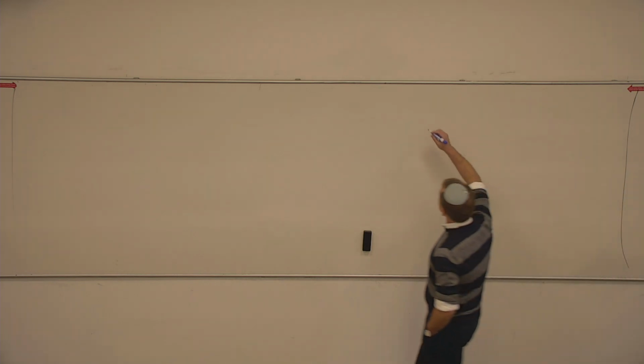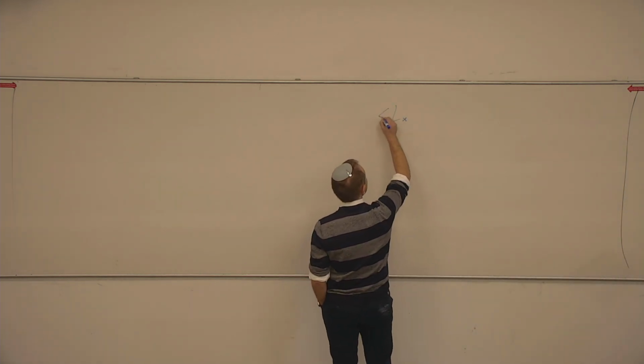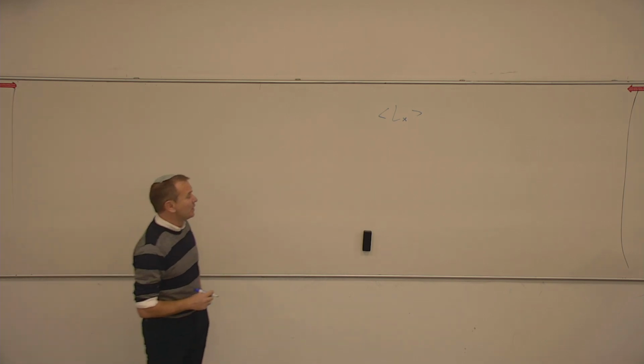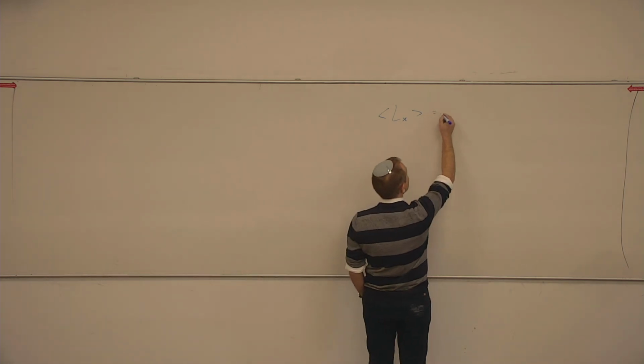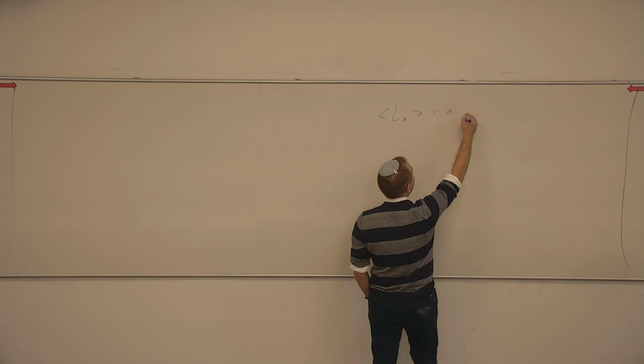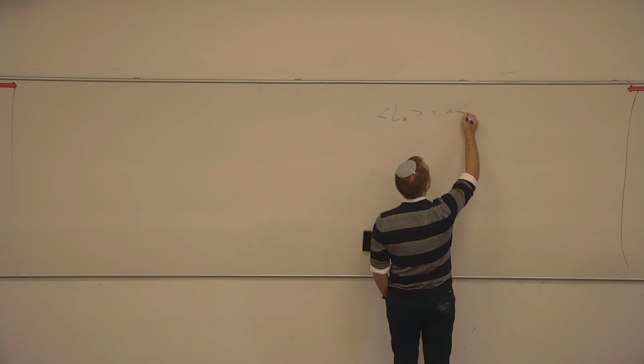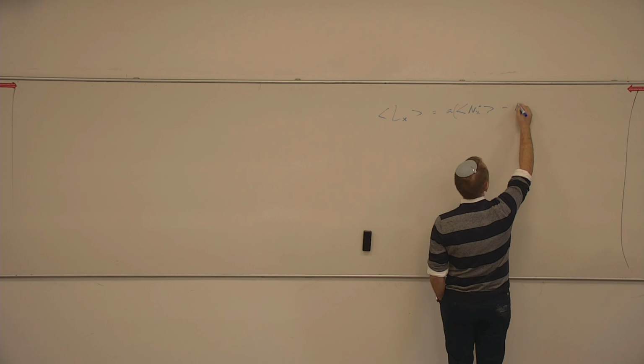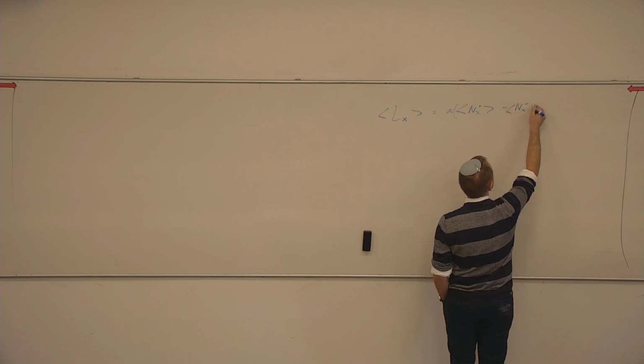So we know that Lx average, where Lx is the extension of the polymer, is A times the average of Nx plus minus the average of Nx minus.